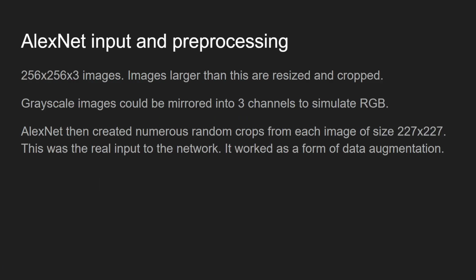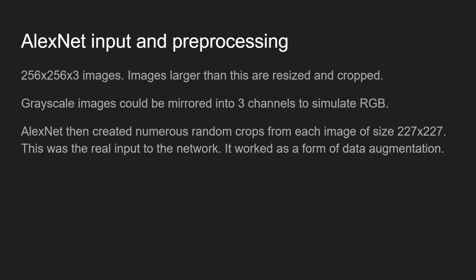It did some pre-processing. It started with 256 by 256 by 3 images. Anything larger than that was resized and cropped to fit those dimensions. Grayscale images would be mirrored through all 3 channels of RGB, so they're still 3 channels, but they're still grayscale.